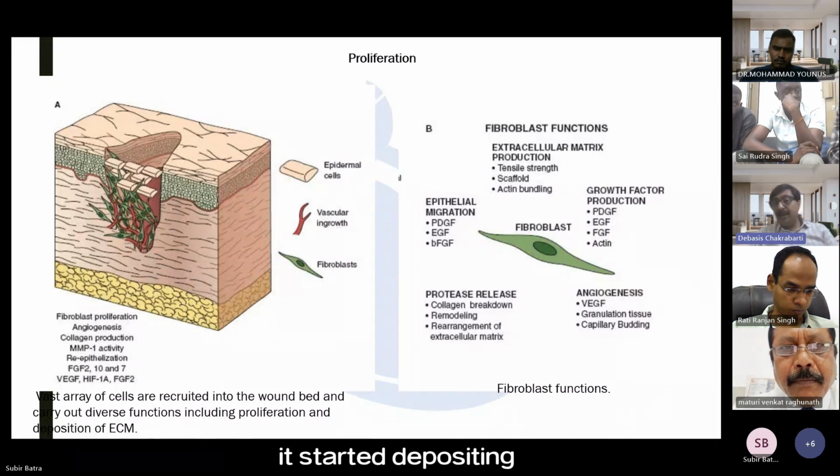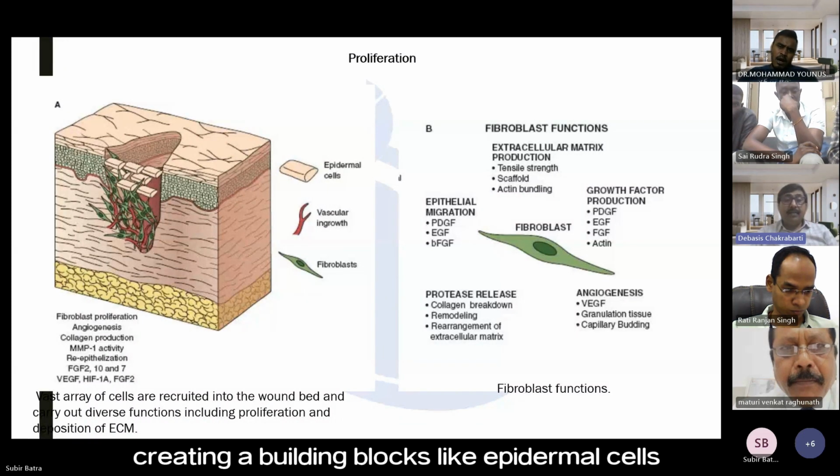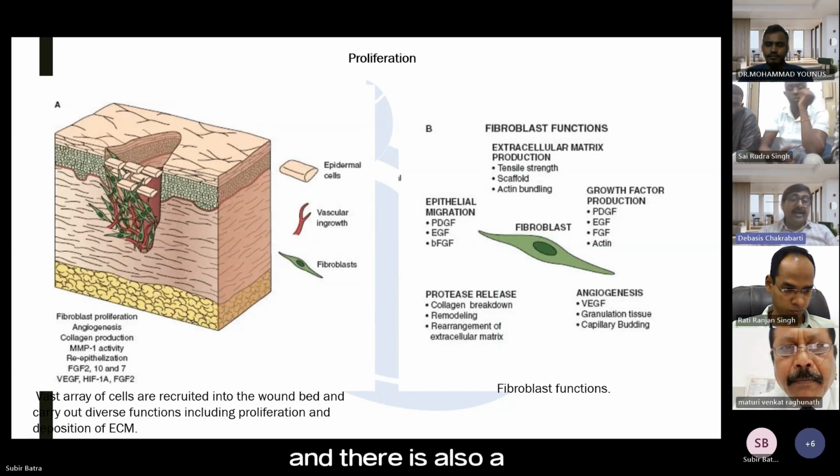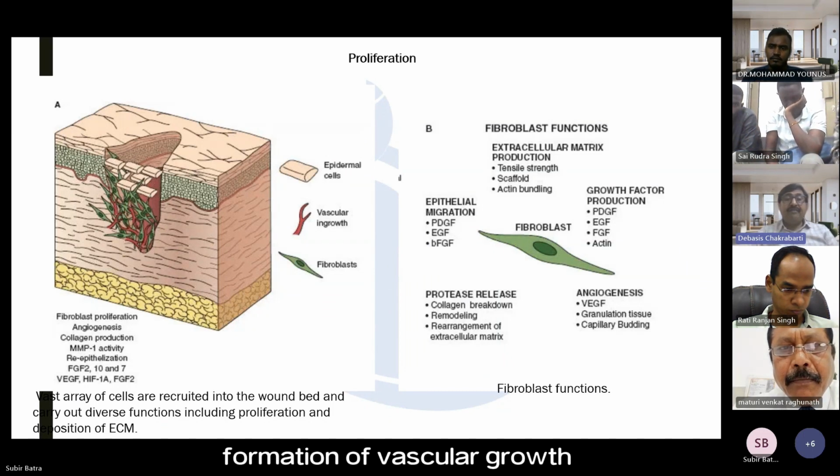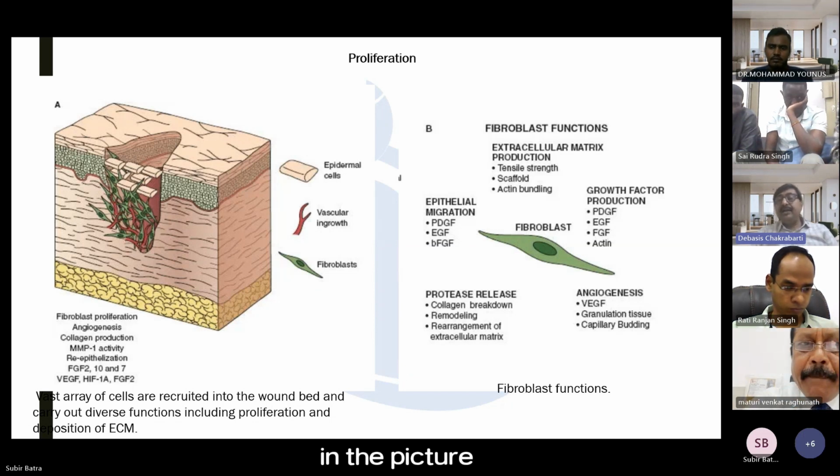They start depositing collagen, which starts creating building blocks like epidermal cells. And there is also formation of vascular growth. In the picture, it is showing vascular ingrowth, that is, newly forming blood vessels.